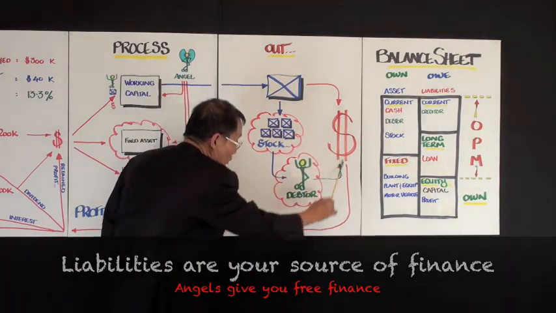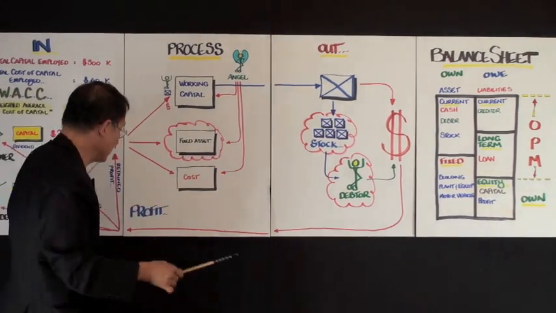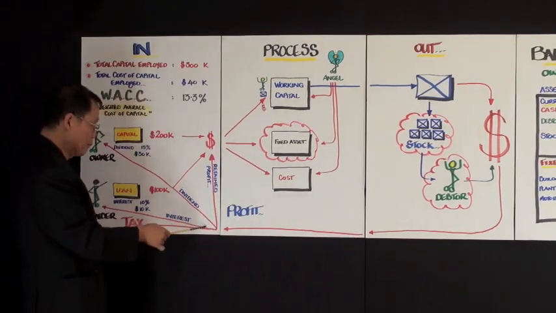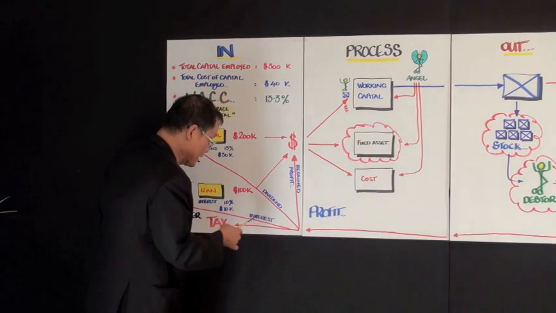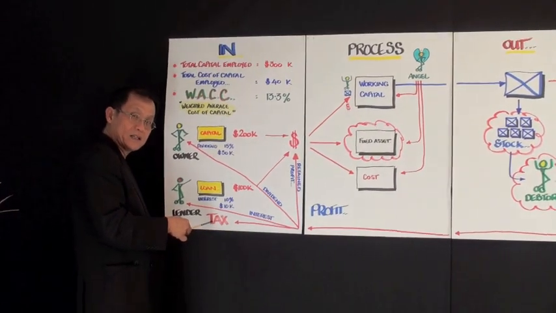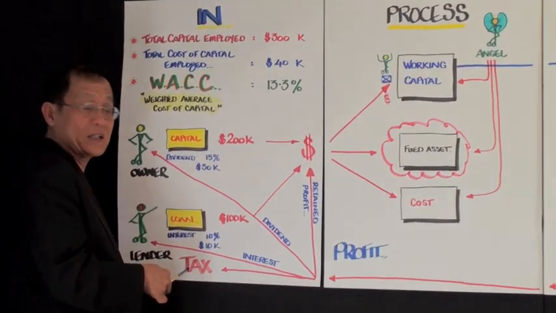And once the cash comes out here, the income goes into the profit and loss account, less your cost, now you have profit. The profit that comes out here pays your interest. Profit after interest, there's one other person who doesn't have anything to do with your company that requires, they provide you infrastructures to run the company.